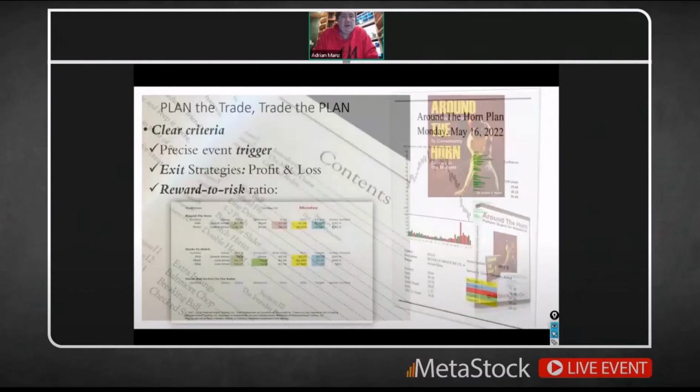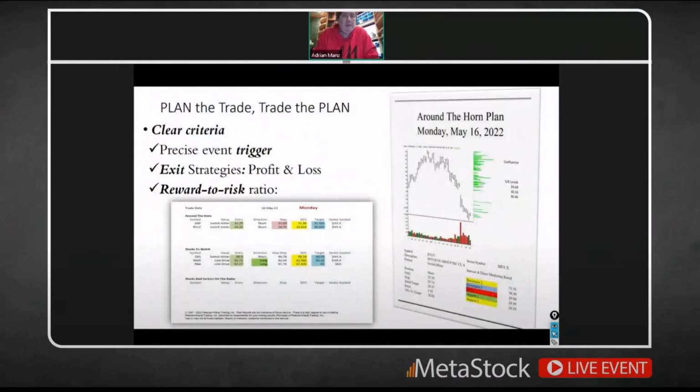So our big thing is we plan everything. What you're looking at here are my personal gauge sheets that we have for our trading plans. You can see on that particular day, it doesn't really matter what day it is, it's what's the symbol, what's the setup. Just by looking at this, I know without having to look at a chart or anything, I've got Dick's Sporting Goods, DKS, down there on the stocks to watch.